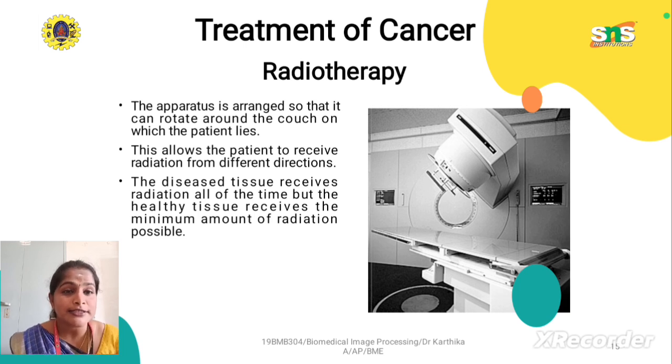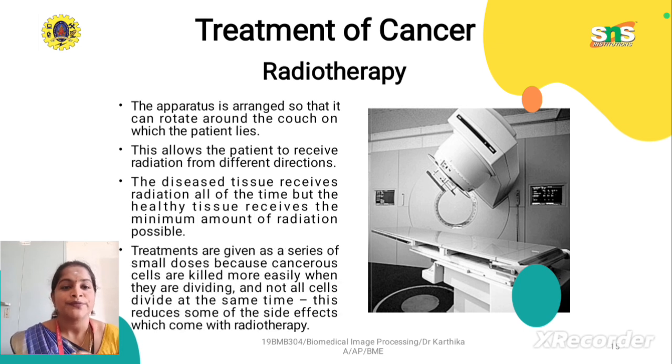The diseased tissue receives radiation all the time, but the healthy tissue receives the minimum amount of radiation possible. In treatments, they are given a series of small doses because cancerous cells are killed more easily when they are dividing, and not all the cells divide at the same time. This reduces some of the side effects which come with radiotherapy.